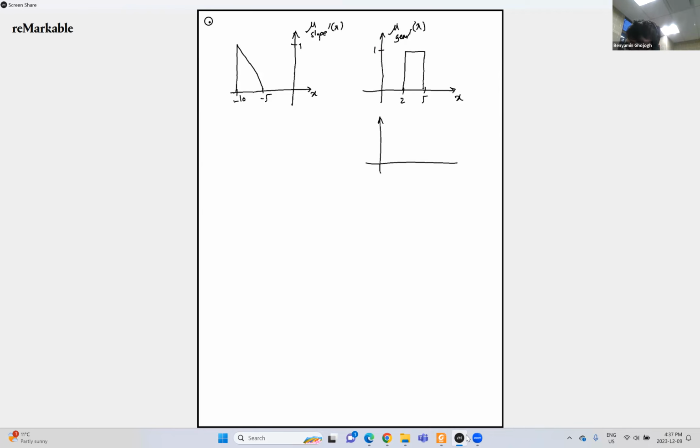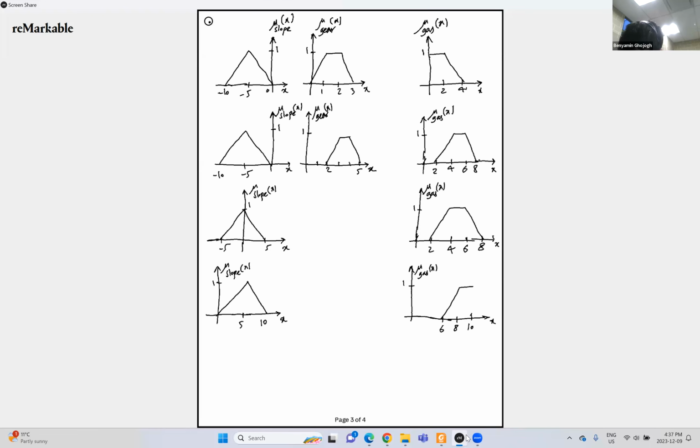We could have used singleton methods too, right? For example, this can also be a membership function. Anyway, for here I'm assuming that this is the fuzzified input. If we use singleton, maybe this could be the fuzzy input. Anyways, now what are we going to do? You tell me.